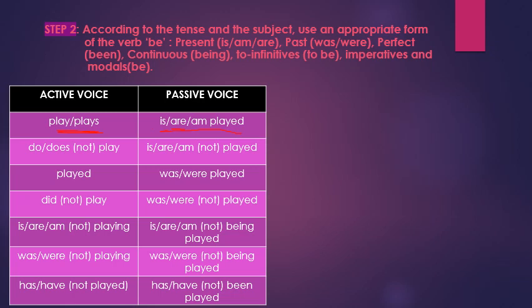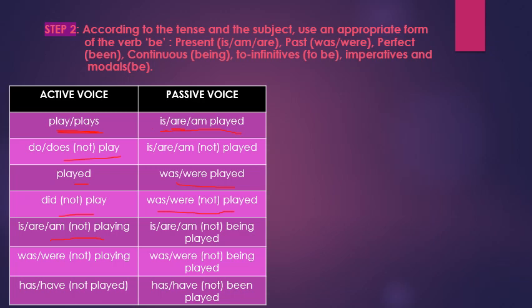Similarly, do or does not play will become is or are or am not played. Then played will become was or were played. Did not play will become was or were not played. Is or are or am not playing will become is or are or am not being played.